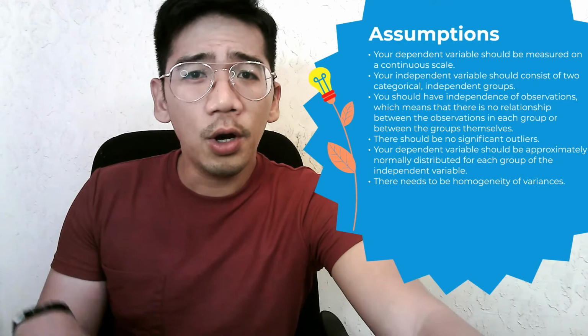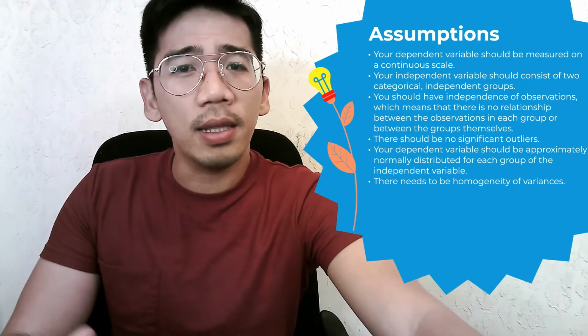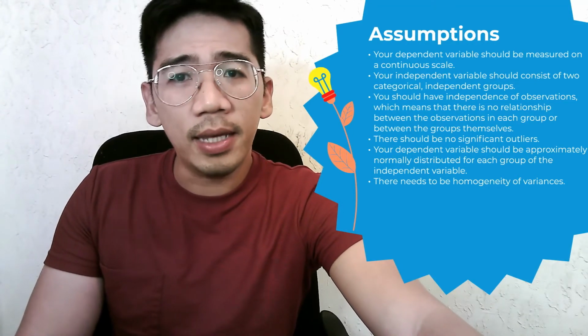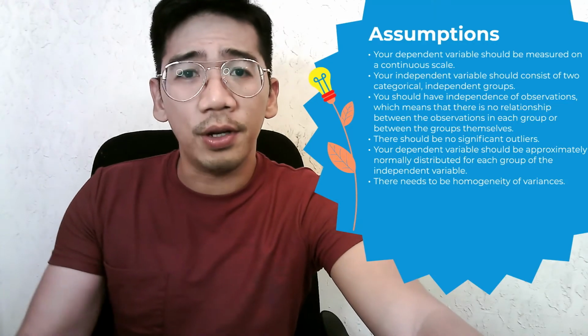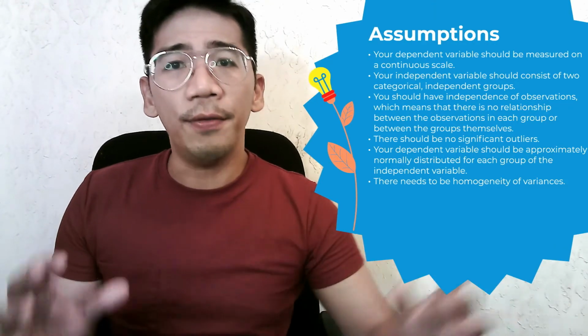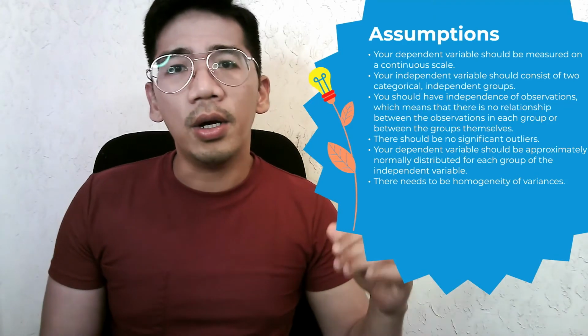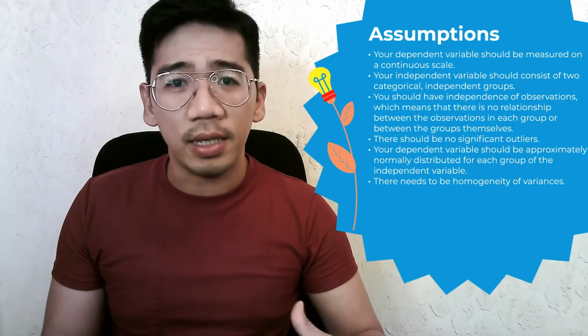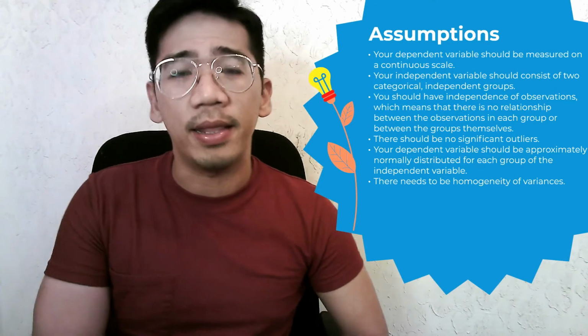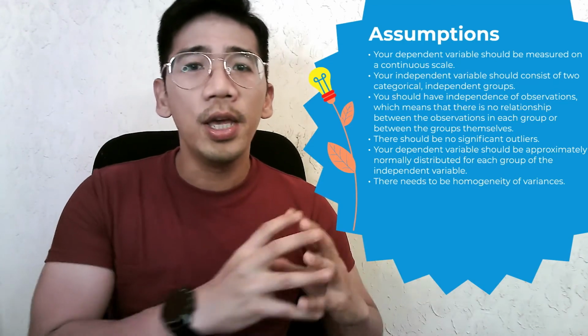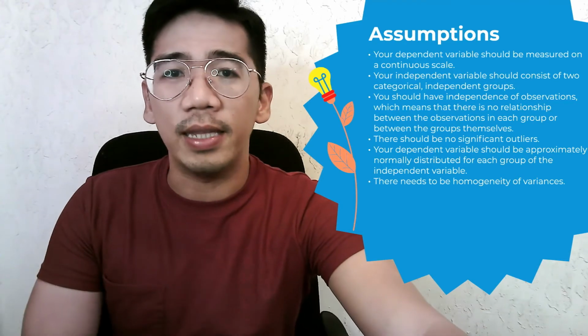This is more of a study design issue than something you can test for, but it is an important assumption of the independent t-test. If your study fails this assumption, you will need to use another statistical test instead of the independent t-test. For example, you can use the paired samples t-test.